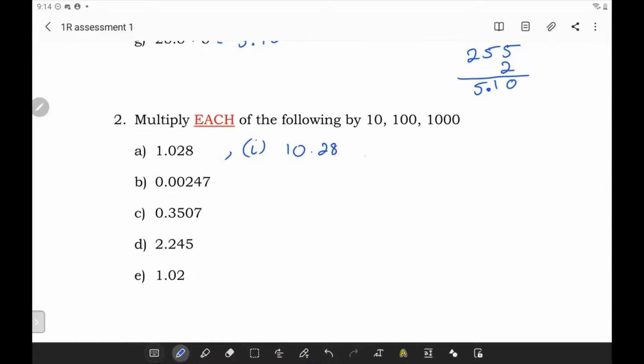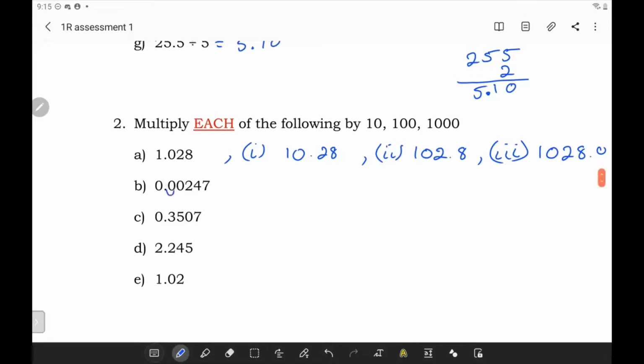By 100 it is 102.8, and by 1,000 we just move the decimal place 3 places, so that'll be 1,028.0. Okay, so this is how we multiply by 10, 100, and 1,000. We simply move the decimal place one place for 10, 2 places for 100, and 3 places for 1,000, and so on. For tens of thousands, there's 4 places, and so on.